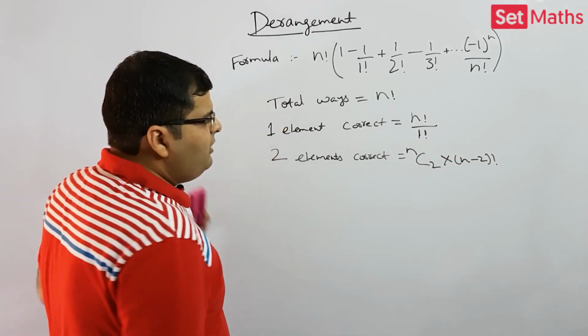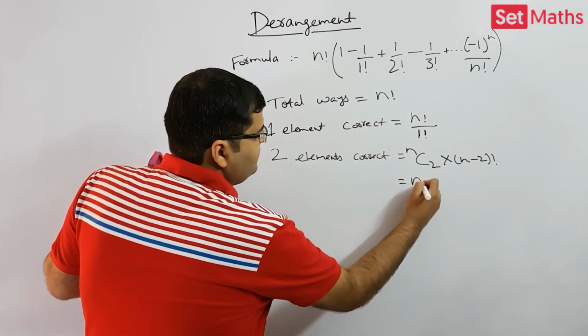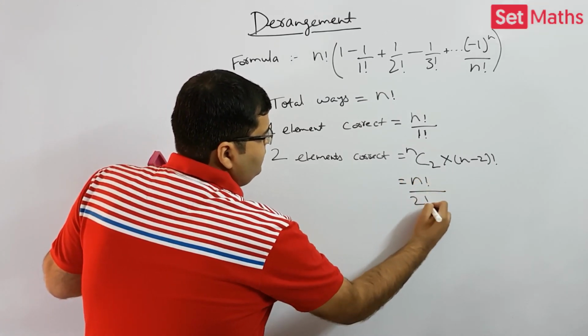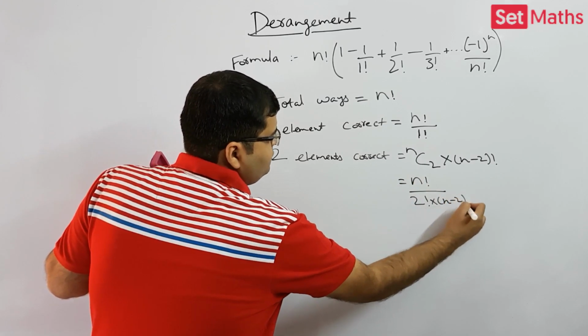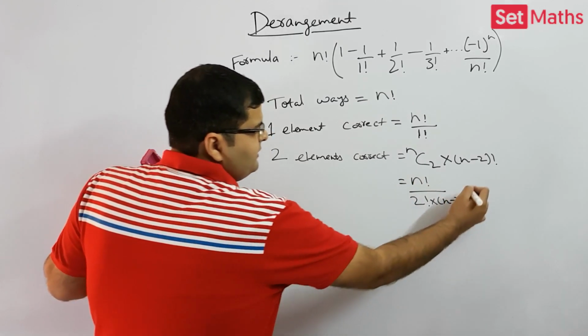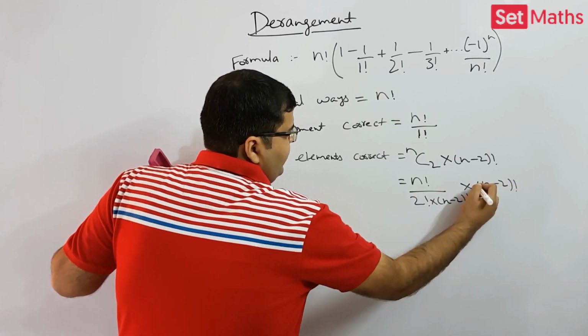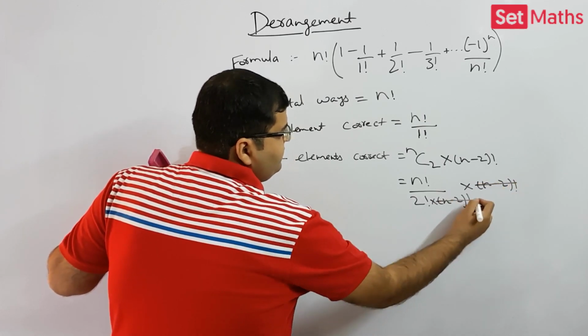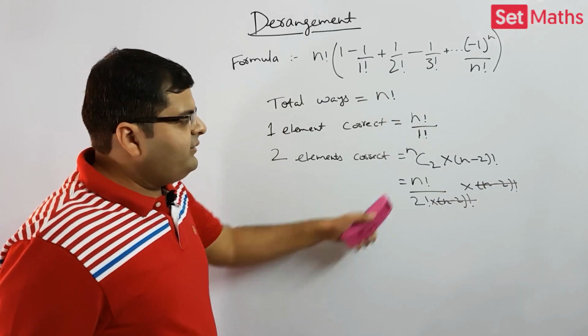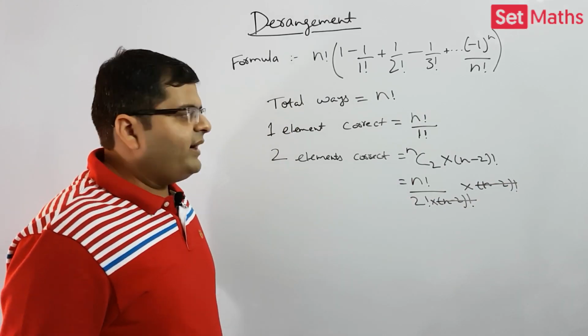If I apply the formula of nC2, I get n factorial upon 2 factorial into n minus 2 factorial. This whole thing is multiplied by n minus 2 factorial, so n minus 2 factorial cancels out, and I am left with n factorial by 2 factorial.